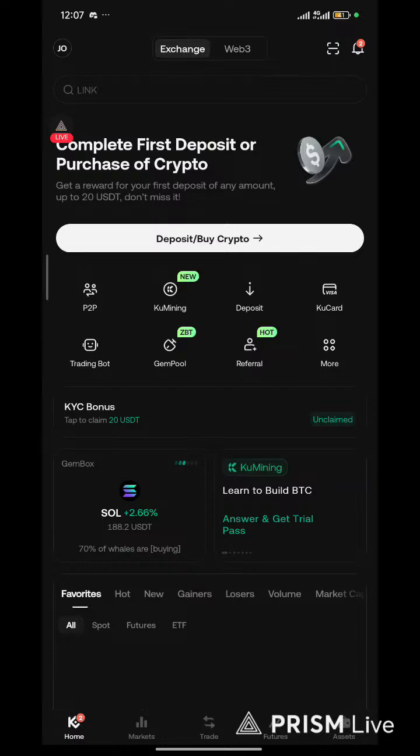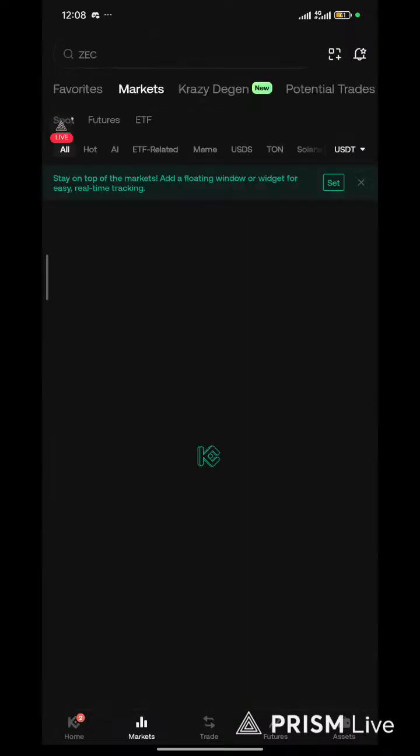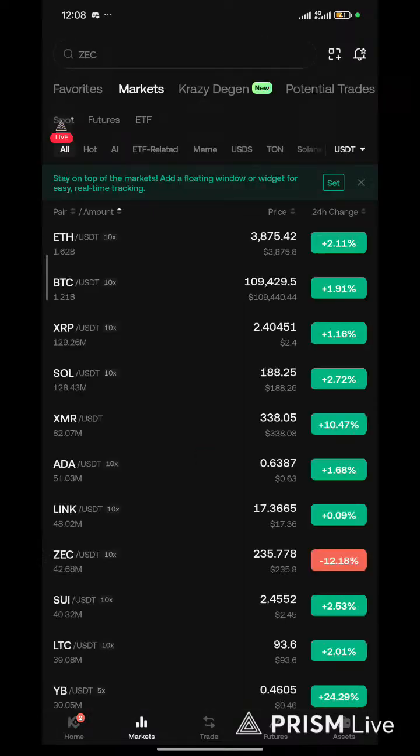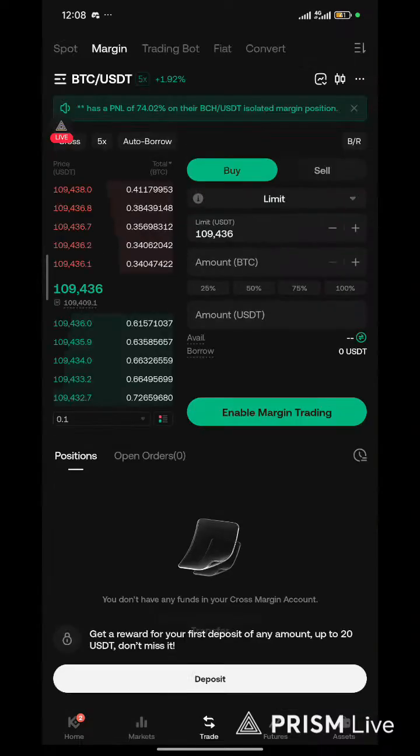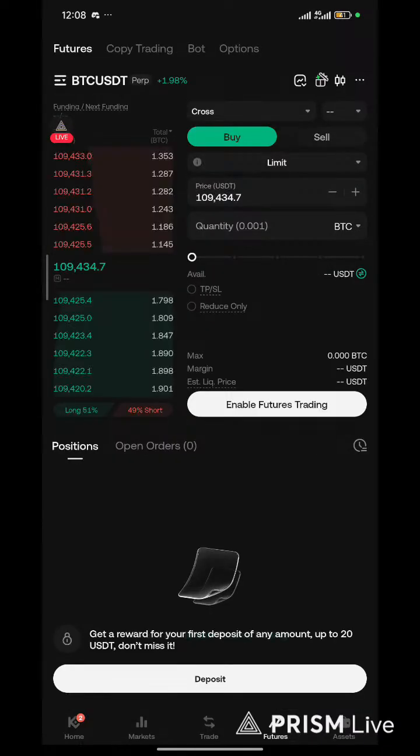First of all, check the bottom tab of this app. I have the home page, the market, the trade, the futures, and my assets.